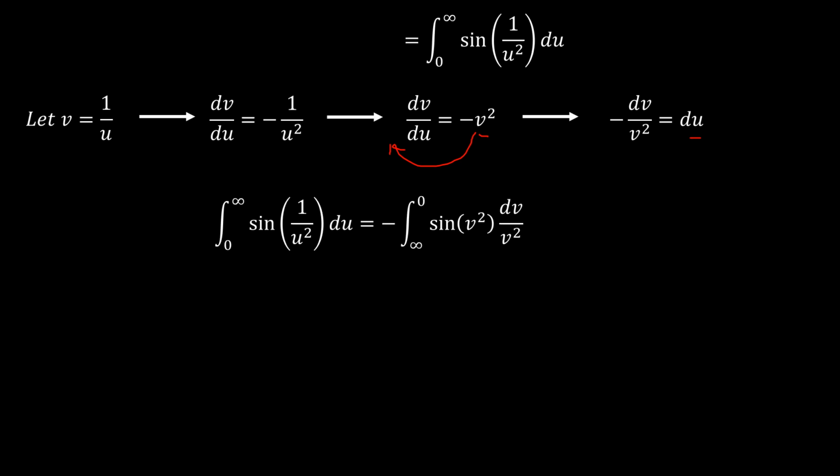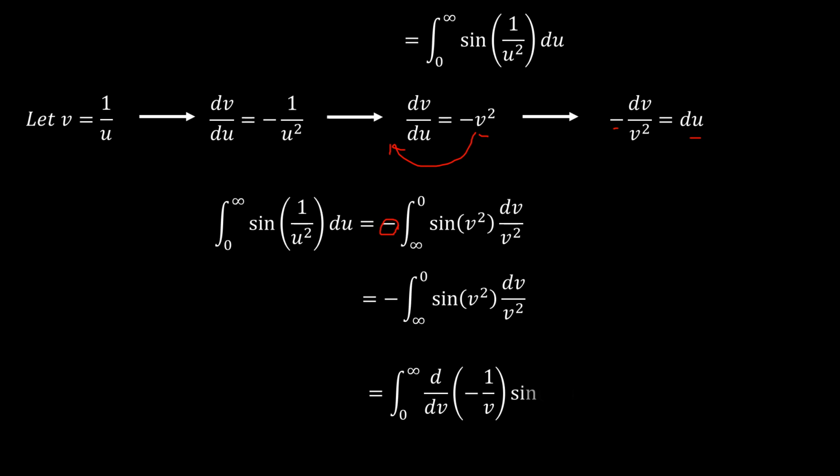And so keeping this negative sign in place, 1 over u squared is v squared, and then du becomes negative dv over v squared, and then it results in this negative sign. Now, as it's known with many integration approaches, when you have a negative sign here, you can negate that by simply flipping the interval.